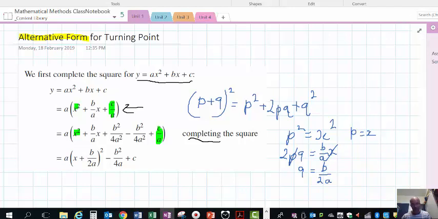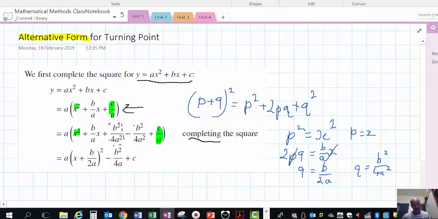Okay, so that's how you halve it, you double the denominator. So q squared, of course, would be b squared over 4a squared. So if we go back, we can see that's where the b squared over 4a squared comes from there.